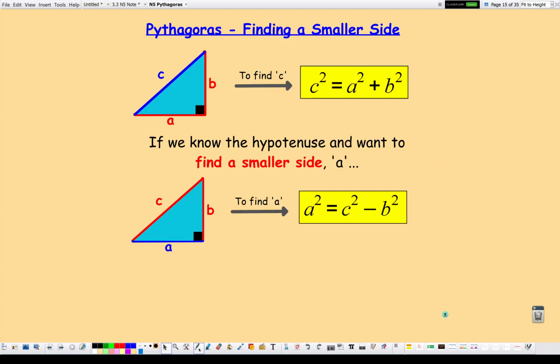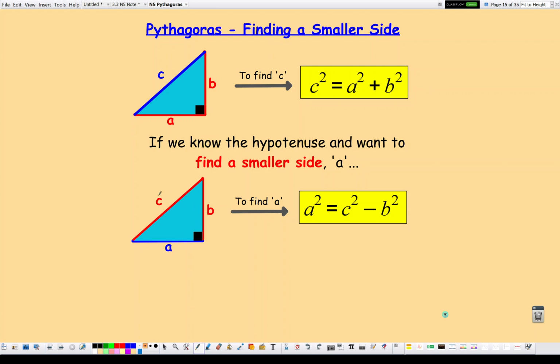Right, so that is the formula we use if we are looking to find the biggest side, C, in a right angle triangle, and that's what we've got at the top here: c squared equals a squared plus b squared. But of course we might sometimes be looking for one of the smaller sides.